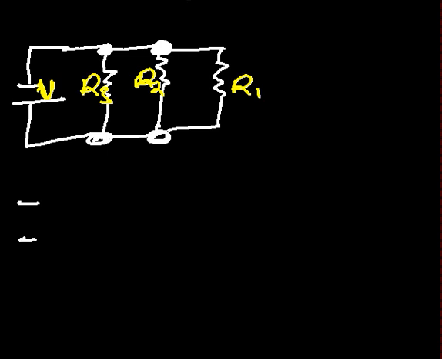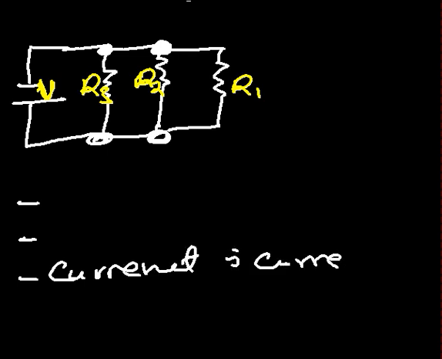You should also understand that we have the presence of junctions. And the current is shared. So in a parallel circuit, the current is shared, unlike the series circuit where the current remains the same.